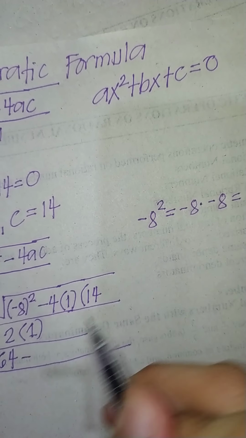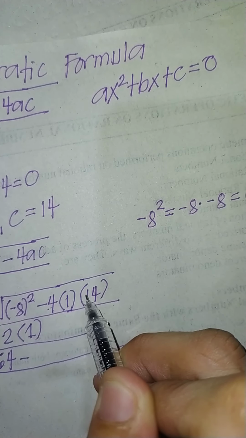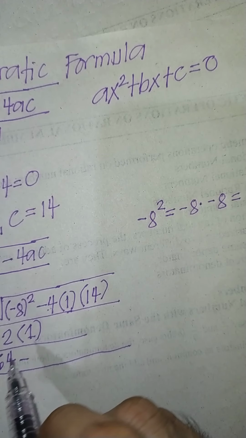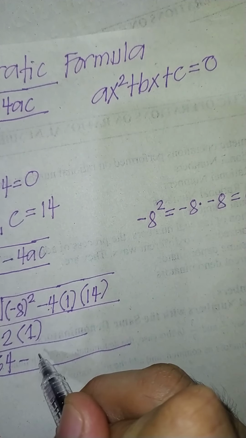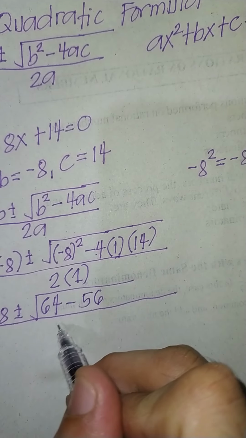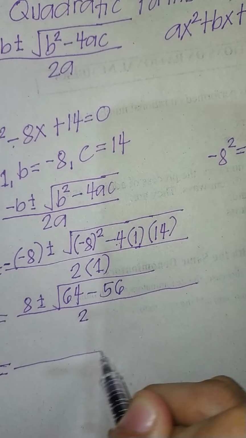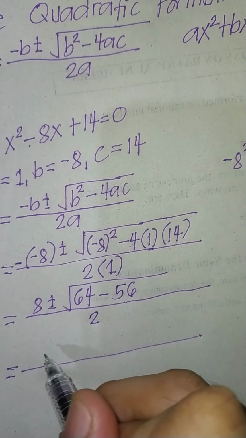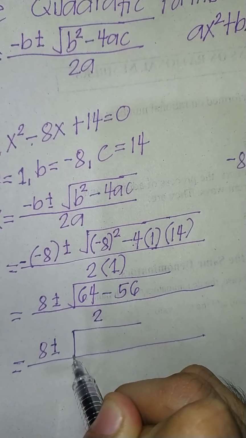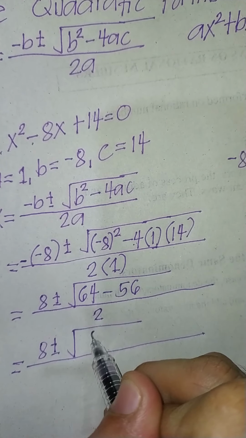And then, minus 4 times 1, that is 4, times 14, that is 56. 2 times 1, that is 2. So, is equal to 8 plus minus square root of 64 minus 56, the result is 8.